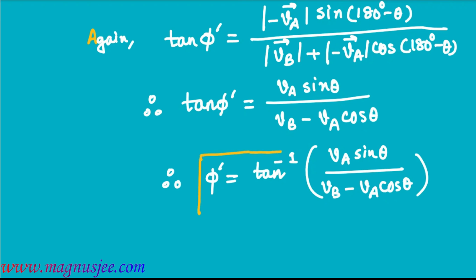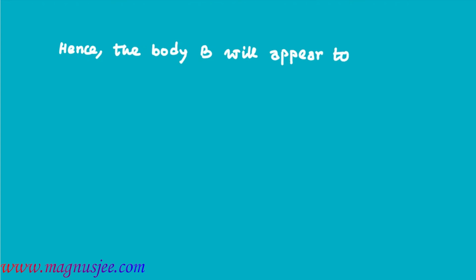This is the angle at which the body B will appear to move with respect to A. Hence, the body B will appear to move along OR prime.